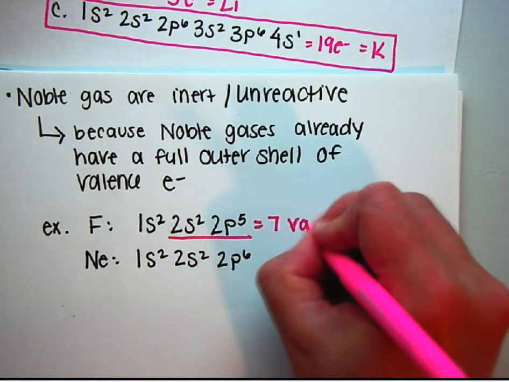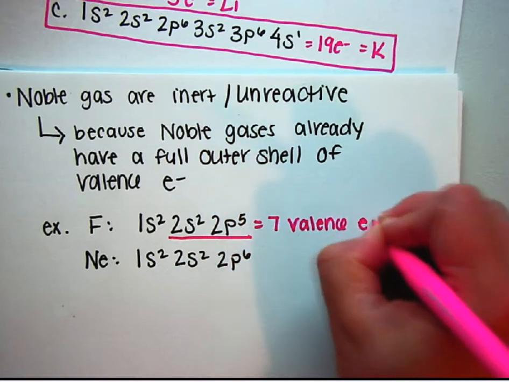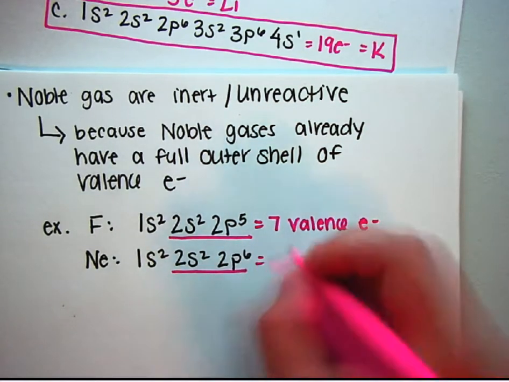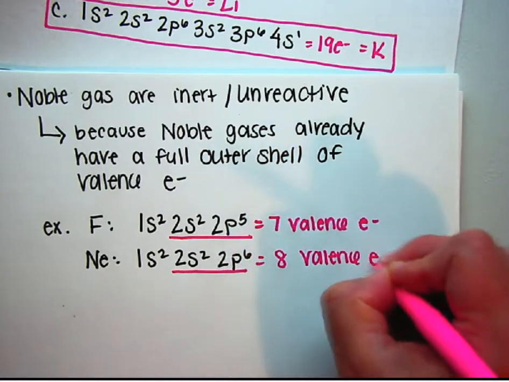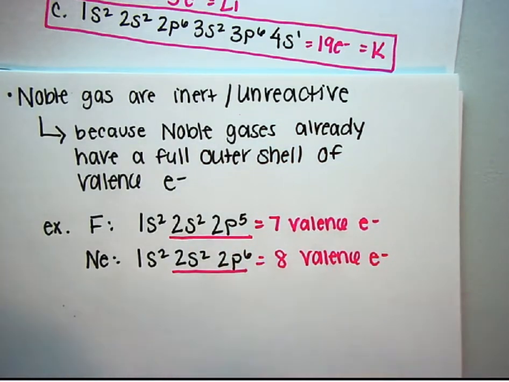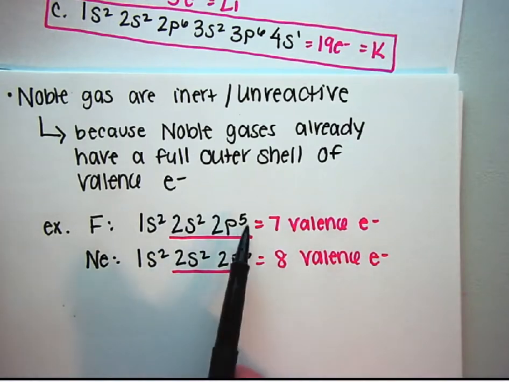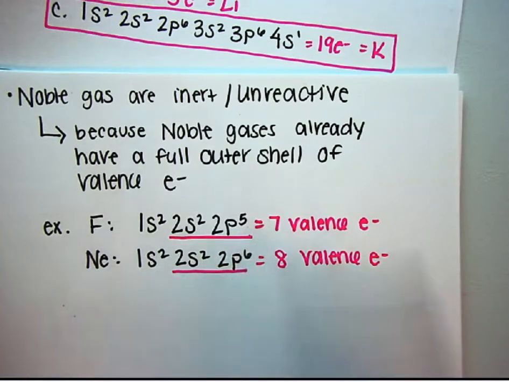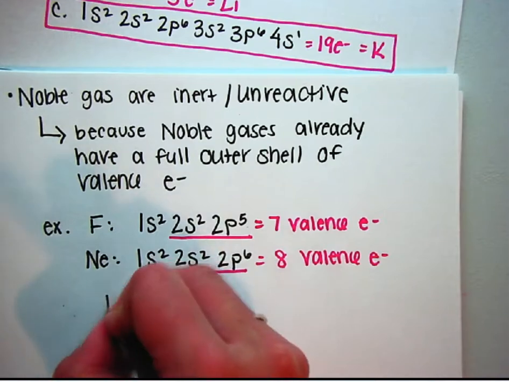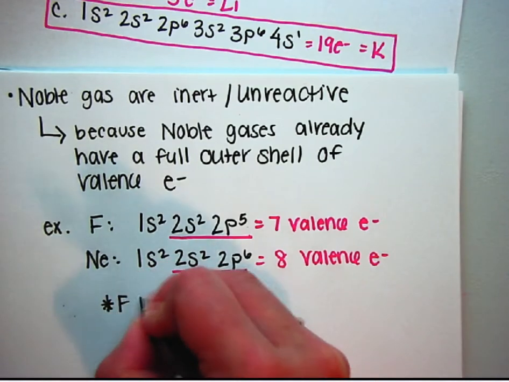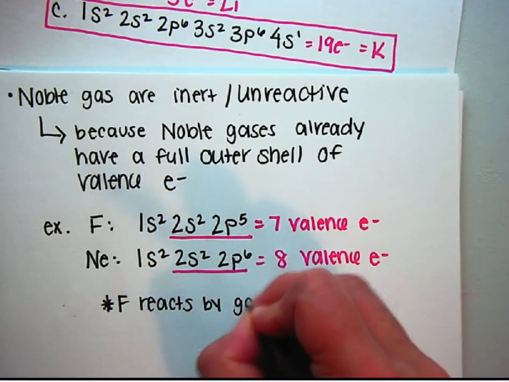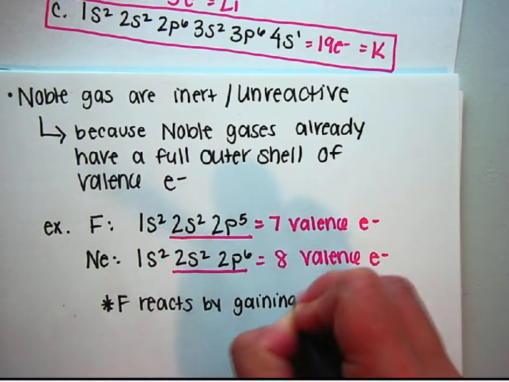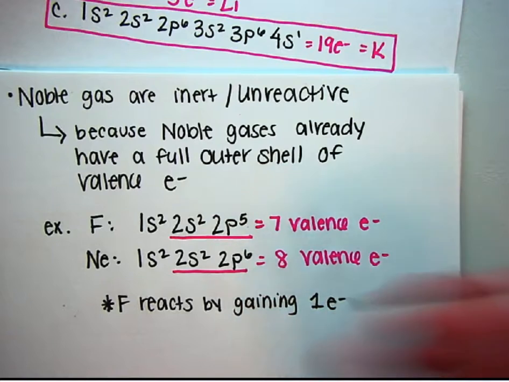So fluorine has 7 valence electrons, whereas neon has 8 valence electrons. So the reason that fluorine ionizes, the reason that fluorine is going to gain 1 electron is because it wants to have 8. So fluorine reacts by gaining 1 electron.